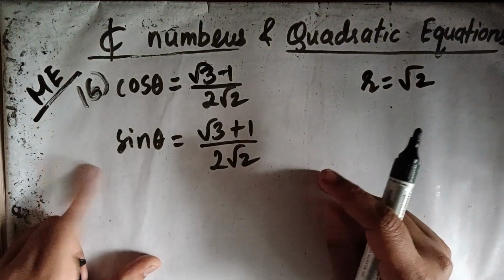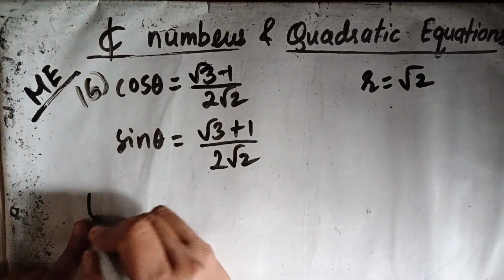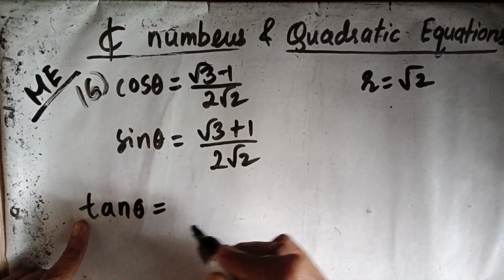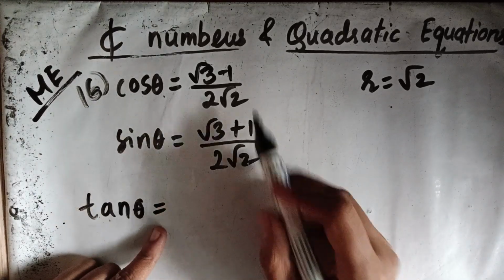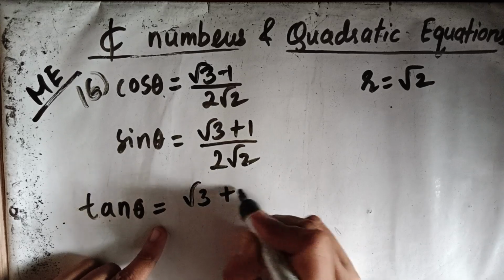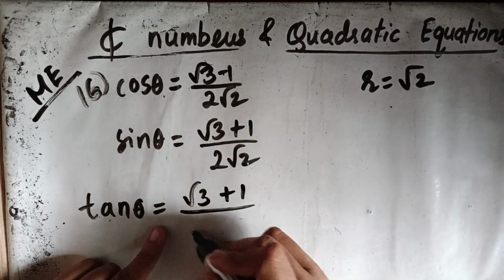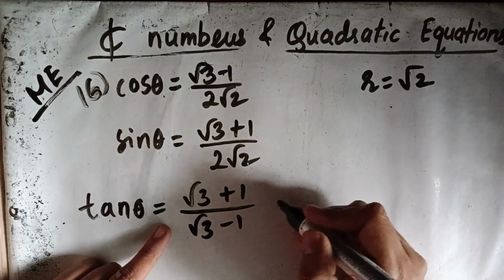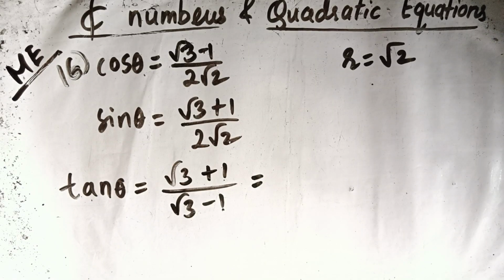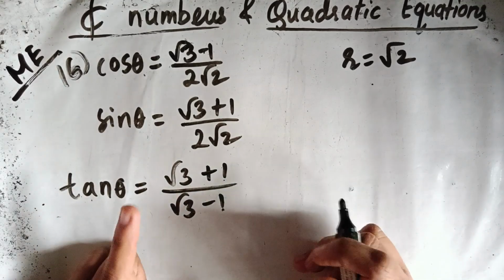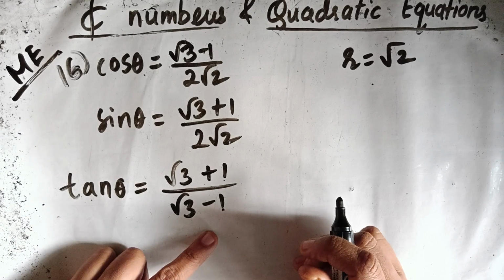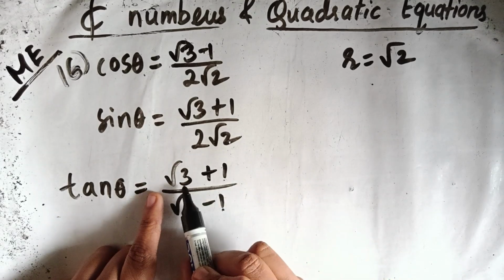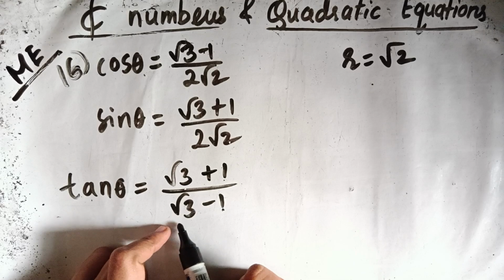There are two methods which you can use. One is writing tan theta. Tan theta is sine upon cos, so first you'll get root 3 plus 1, and the 2 root 2 gets cancelled. So this is the answer. Now we have to write this in the form tan A plus tan B upon 1 minus tan A into tan B. Here it is root 3 plus 1 and we want 1 here, right?